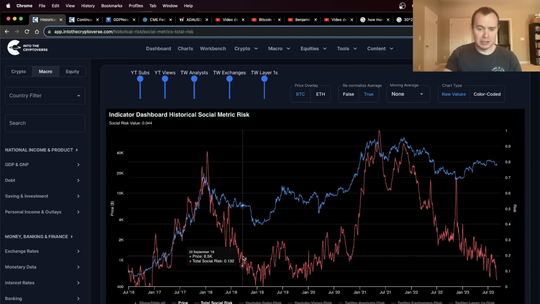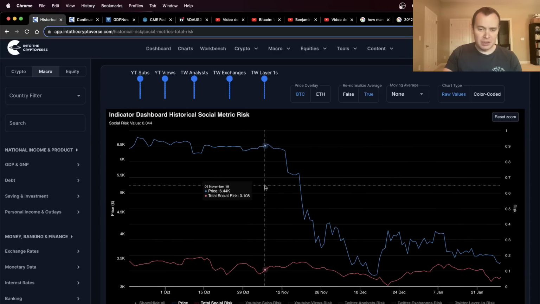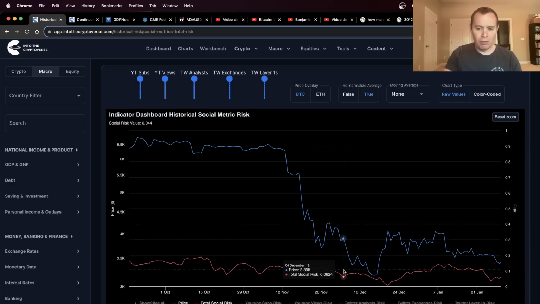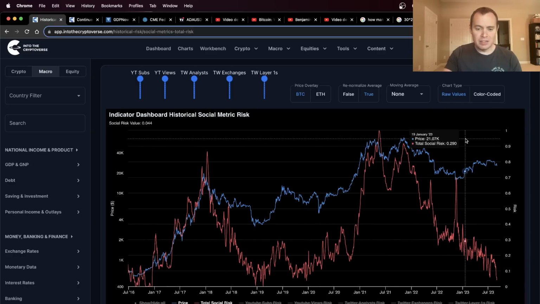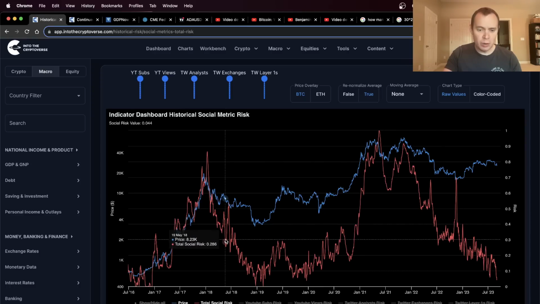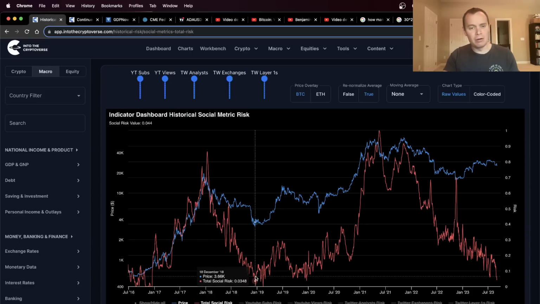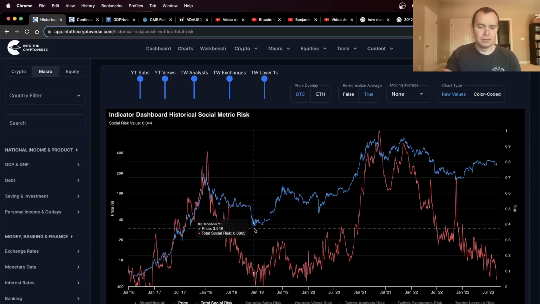The social risk kept putting in lower highs and lower lows. And then here, Bitcoin started to go down, but social risk went down with it. Previously, there were times where social risk was going up when Bitcoin price was going down. But in this case, social risk went down when Bitcoin went down.